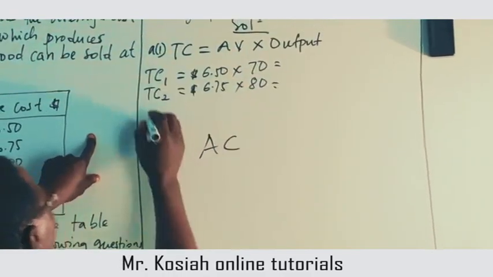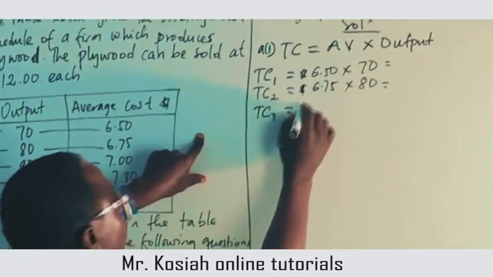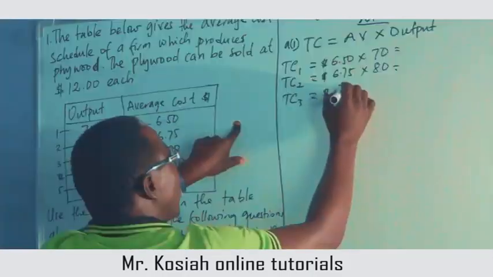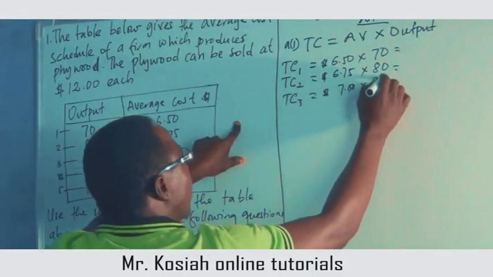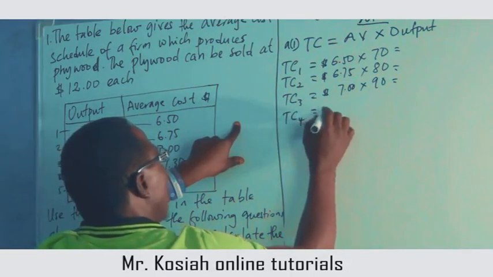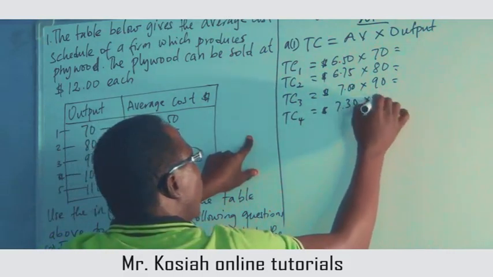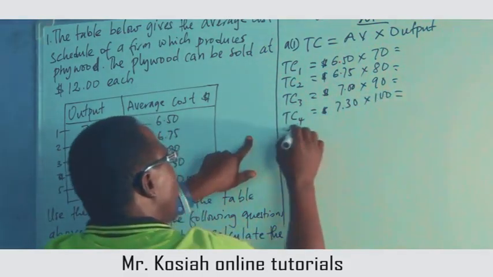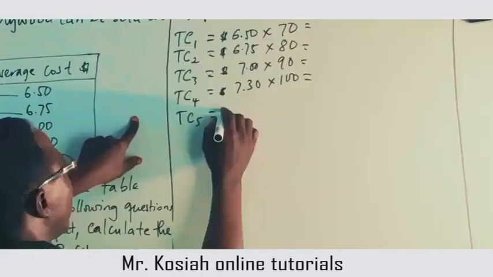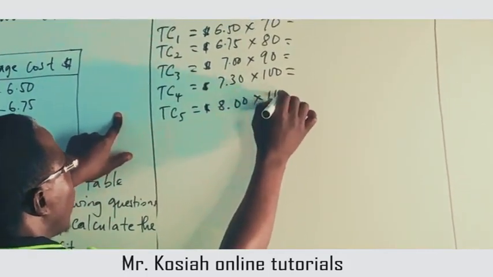Total cost 3 is $7 times 90, total cost 4 is $7.30 times 100, and total cost 5 is $8 times 110.